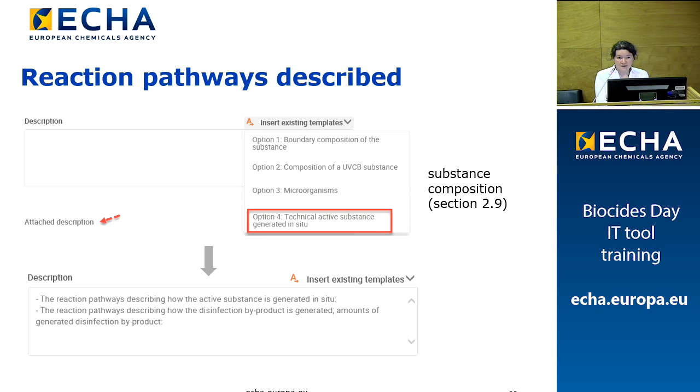If you select it, you have the predefined text that this is the place to describe the reaction pathways, how the active substance is generated in situ. If you are describing disinfection byproducts, this is also a good place to write what you know about those substances. And if the process is very complex and requires some attachments, you have a place to attach the description.